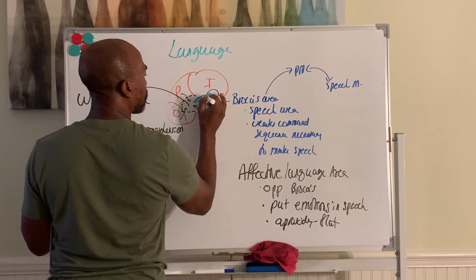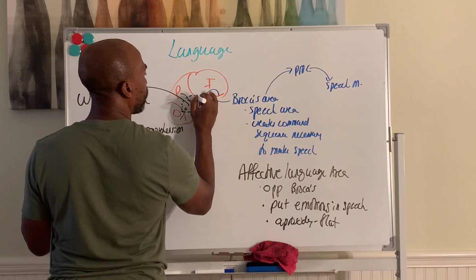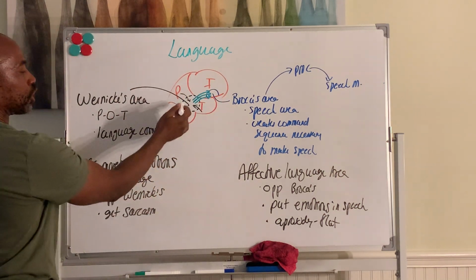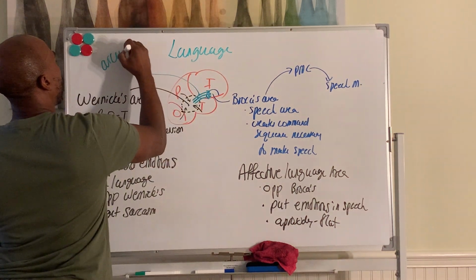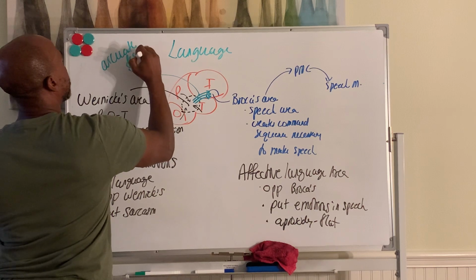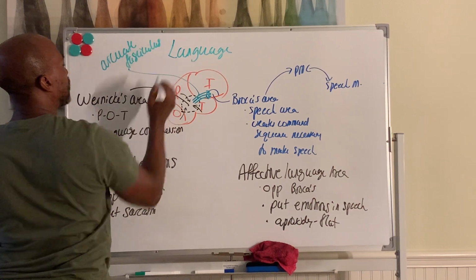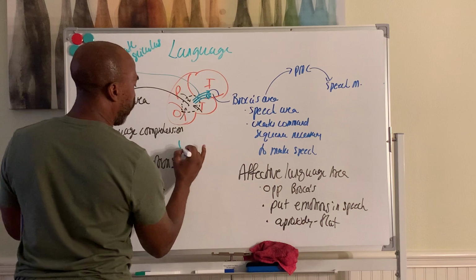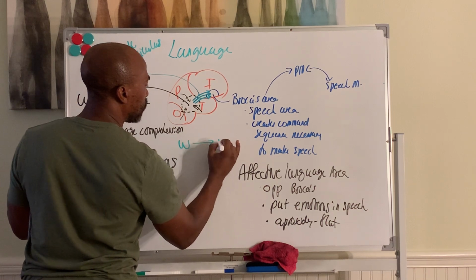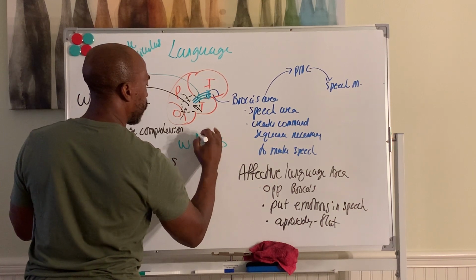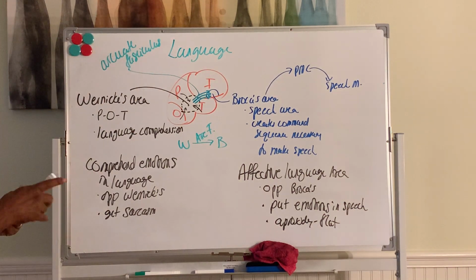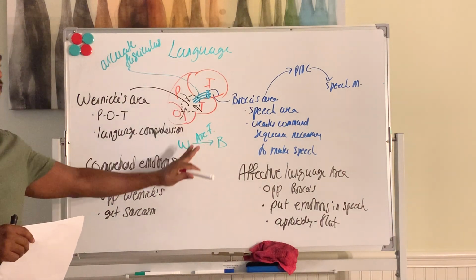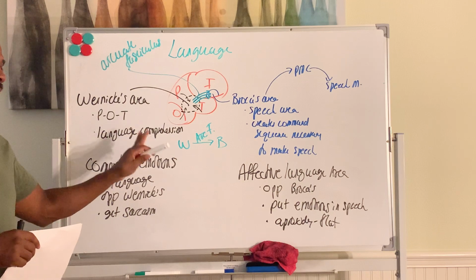All those axons that carry the words over from Wernicke's to Broca's form what's called your arcuate fasciculus. So that's a bridge of axons that join Wernicke's to Broca's. Your arcuate fasciculus.